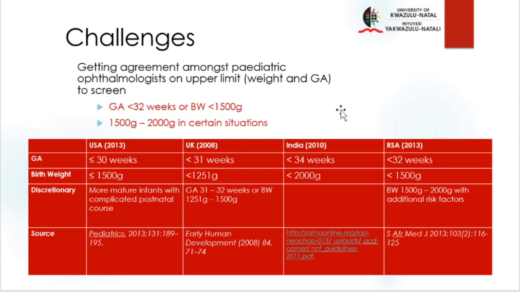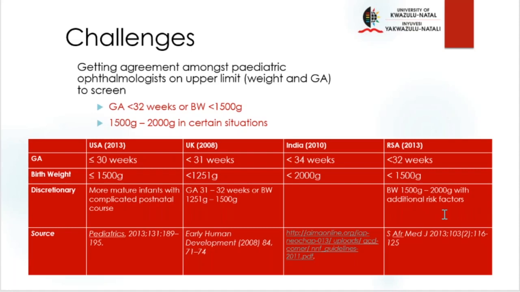We finally agreed on 32 weeks and a birth weight of 1,500 grams as the absolute criteria, so with or without any other oxygen usage or other risk factors, but that we would add babies between 1,500 grams and 2,000 grams under certain circumstances, specifically where supplemental oxygen was used and it wasn't properly controlled and it wasn't blended. Because we had seen in our patients, up to patients with birth weight of 1,680 in our audit, that we had to treat these babies.